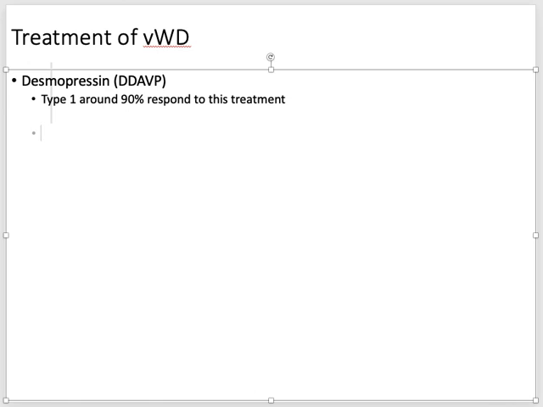So type 1 people respond very well, because when we provide them with this drug, there is more and more release of von Willebrand factor and factor 8 from the endothelial cells. So the problem is solved. Okay, so this is one of the treatments.